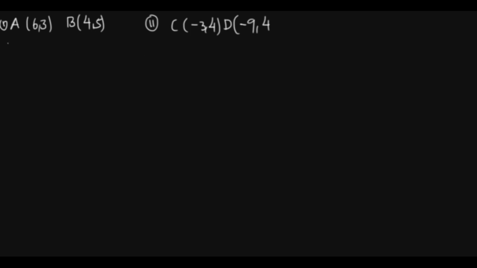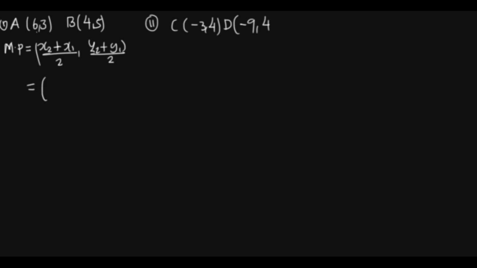So the formula, midpoint is equal to, whether you say x2 plus x1 or x1 plus x2, it doesn't matter. So we can say x2 plus x1 over 2, comma, y2 plus y1 over 2.